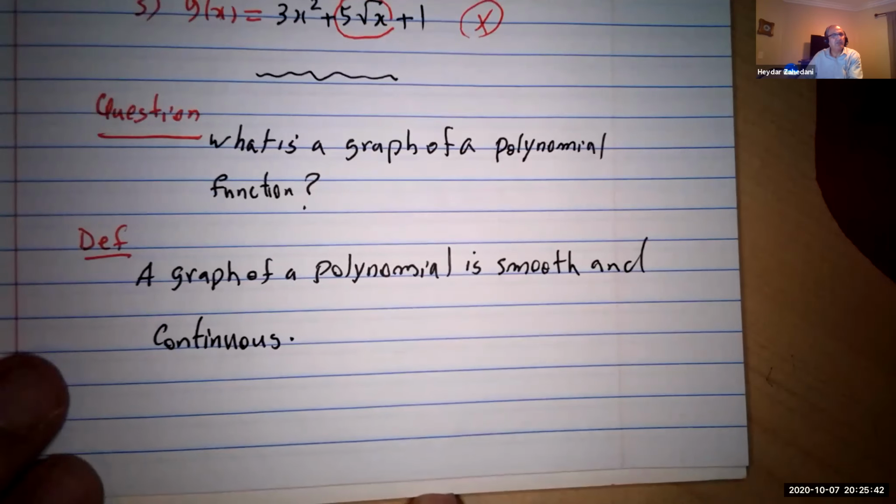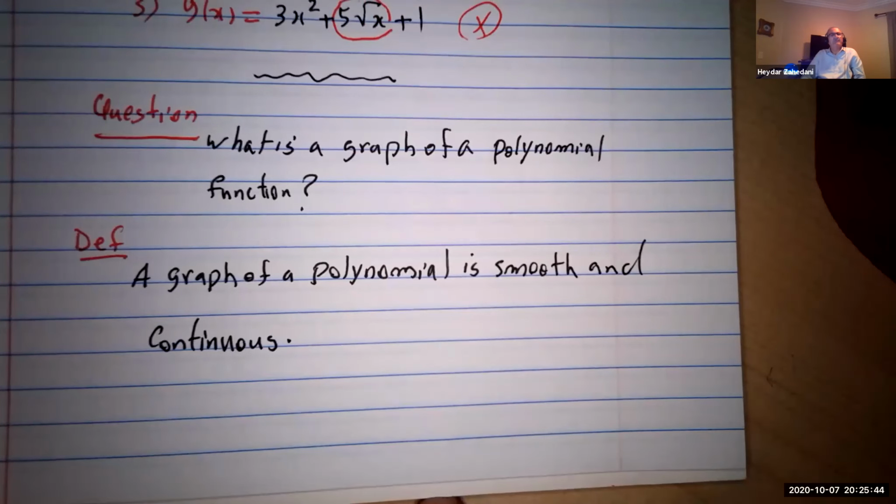Smooth and continuous means this graph is going to be one piece. There are no gaps, no holes, and no sharp corners in the case of a polynomial.